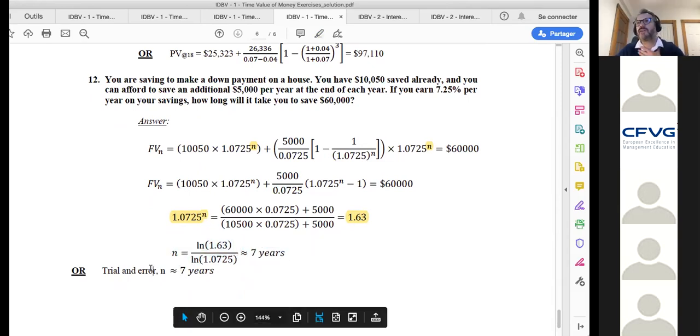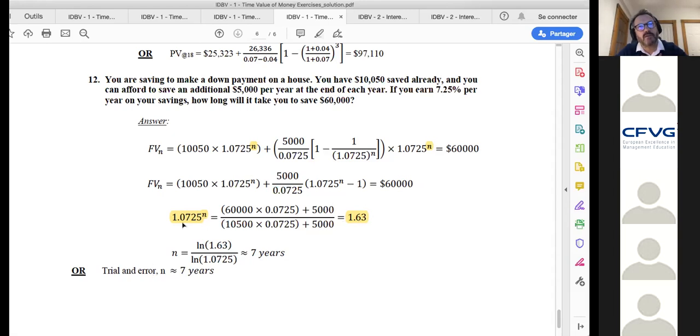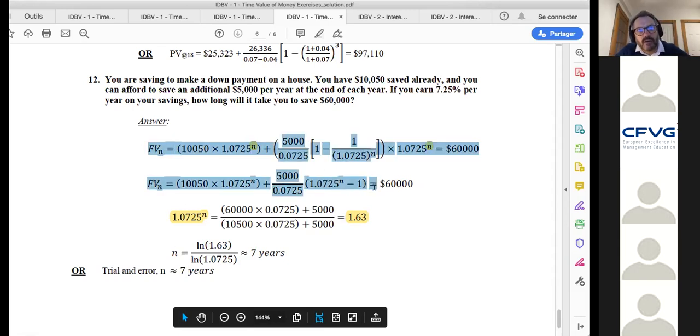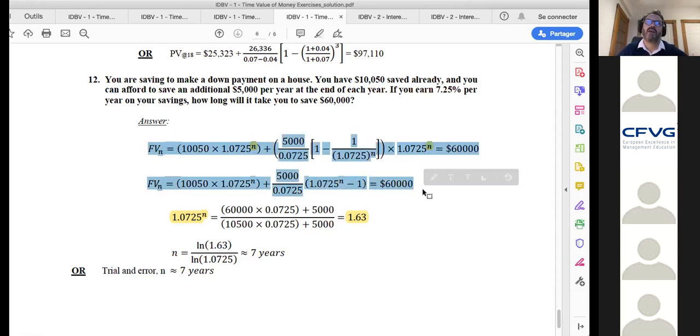But you can also, I don't care, it's not a mathematics class. If you arrive here, you know that you have 1.63 and you know that it's 1.0725 exponent n. You can just try with different values of n to check, right? Trial and error, and you find it's around 7 years. For me, it's enough. As long as I have this before, it's enough.